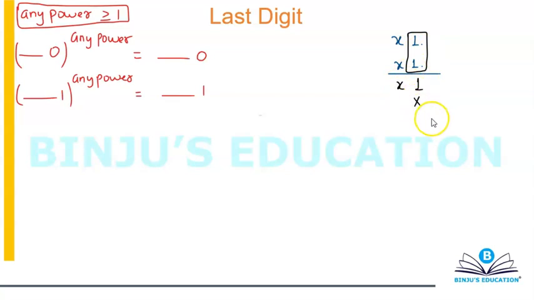Now you put a cross sign here, then x into 1 is x. So we can say that the unit digit is sorted. What happens to the tens place and the hundreds place is not our concern, but one thing we can say for sure is that the unit digit is sorted out. So 1 into 1 will always give you 1, that's it. Hence you can say that any number ending in 1, you raise it to any power, it will always give you unit digit or last digit as 1.